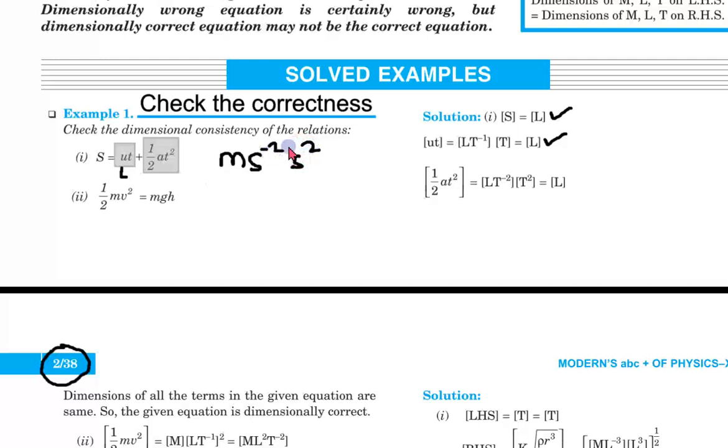This second square and second square can cancel, and I have only meter. Meter is, in terms of dimension, L, length. So this term is also length. Length plus length is still a length, not two length.